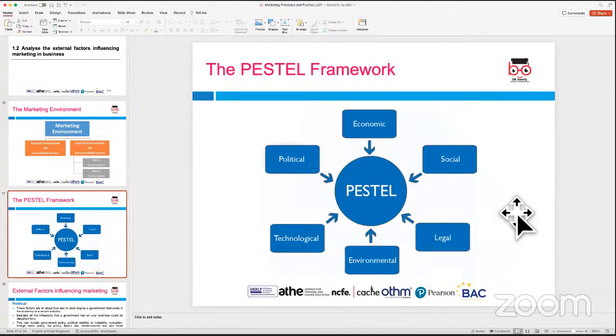Now, in order to understand external factors, we look at one of the key frameworks in marketing, which is called the PESTEL framework. PESTEL is an acronym for political, economic, social, legal, technological, environmental.